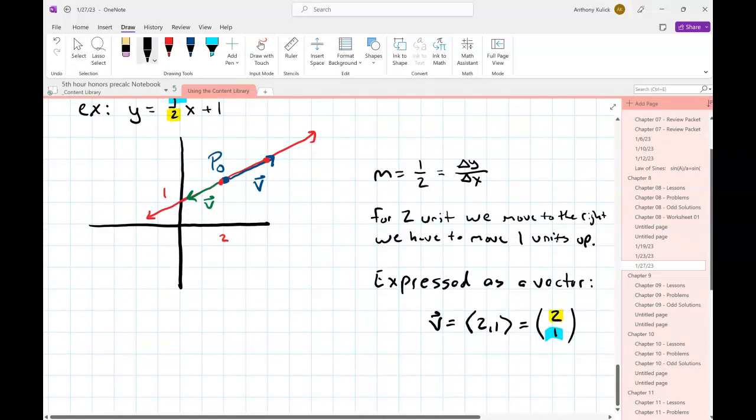So we could say then, our vector equation should be, okay, we start at point P, and then we add vector V, right? What's wrong with this?